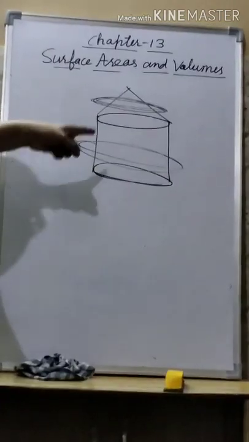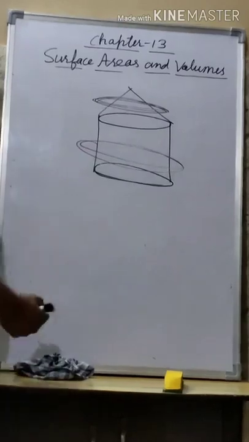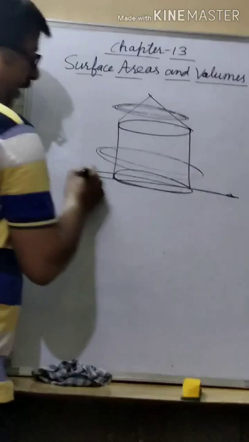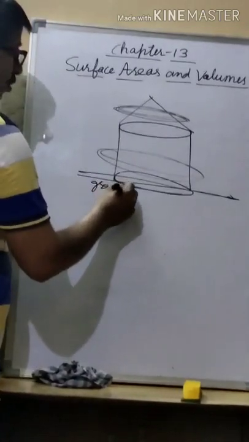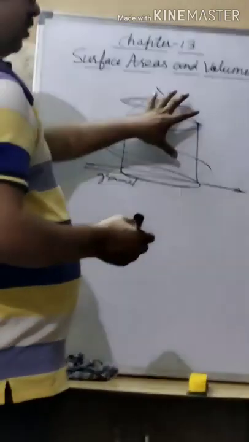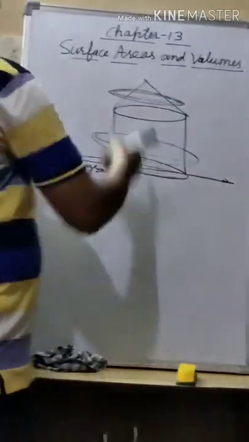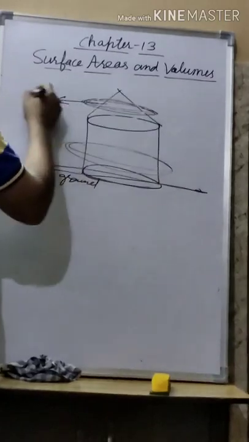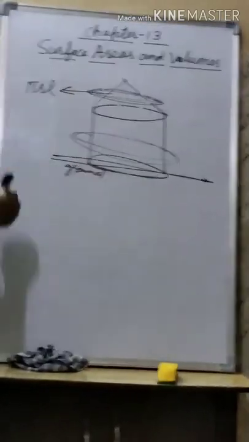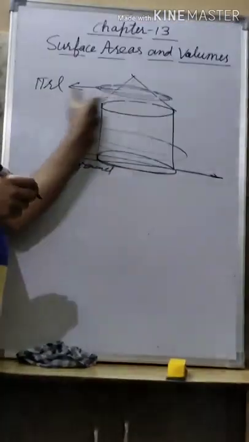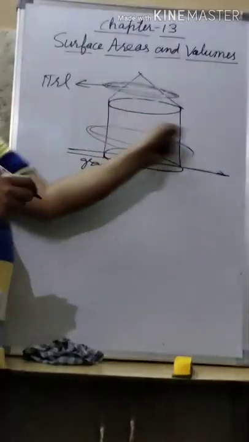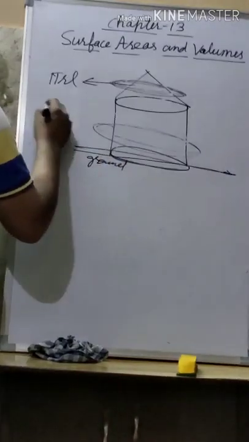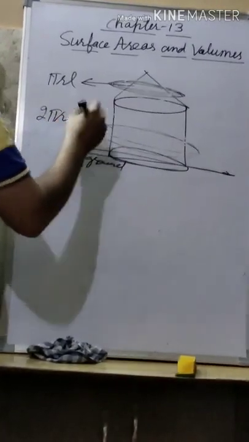If this is a tent on the ground, then what is the surface area of this tent? The curved surface area of the conical part is pi r L, and the curved surface area of this cylindrical part is 2 pi r h.